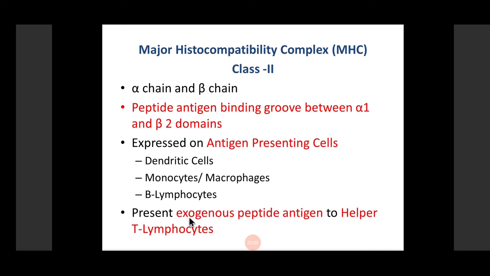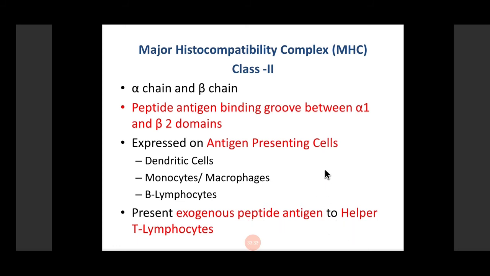Hence, they present exogenous peptides. So, another difference: MHC class 1 presents endogenous peptides which are synthesized within the cell using the cell's own machinery, hence tumor antigens and viral antigens. Whereas antigen presenting cells phagocytose the pathogen in question, break down its protein into small peptides, and then present it in context of MHC class 2 to the helper T cell.